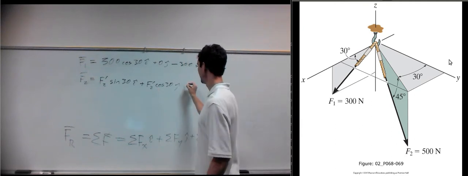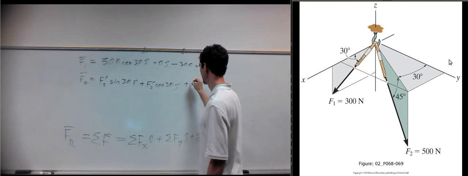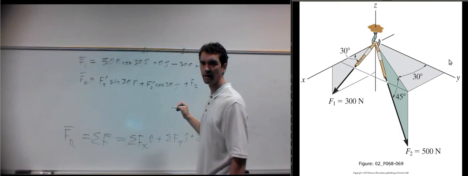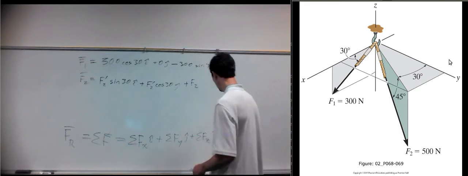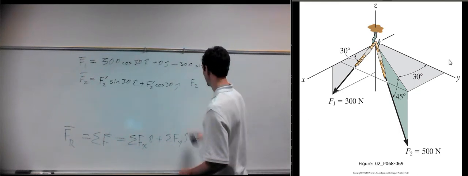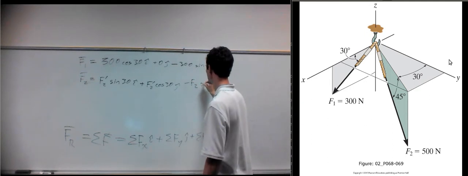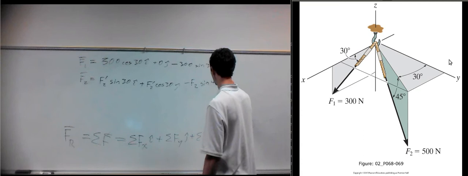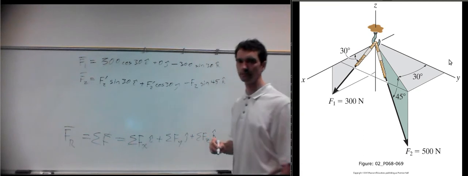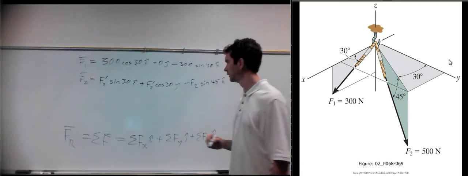And then F2z is just the magnitude F2 times the sine of 45. But again, that's pointing down in the z direction, so we'll go ahead and put a minus sign there: F2 sine 45 times the k direction. Okay.